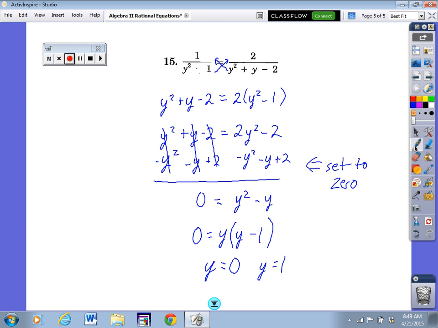Oh, y equals 1 is a restriction. That's a restricted value. So if you do your factoring on the front end, you'll catch that, and you'll prevent yourself from identifying solutions that aren't going to work. And I actually want to look at a graph of this and a graph of the original function, just to show you the difference between the two.